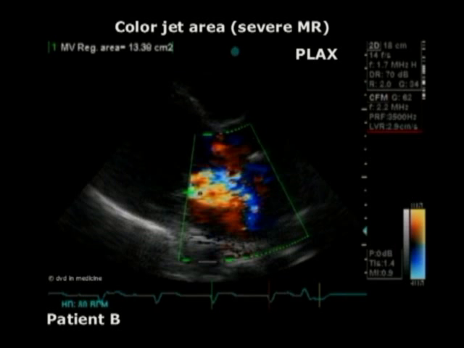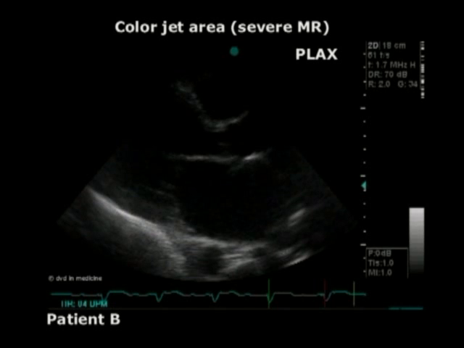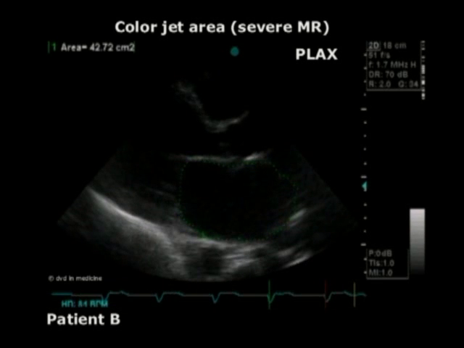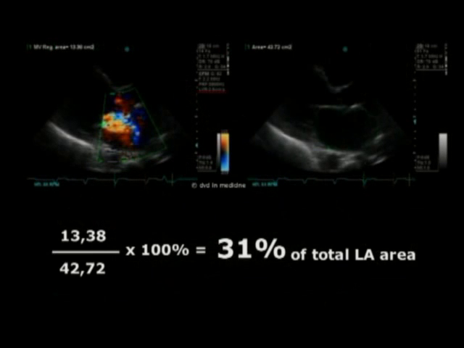Note the Coanda effect. The LA area is around 42 centimeters squared. The jet area is 31% of total LA area.